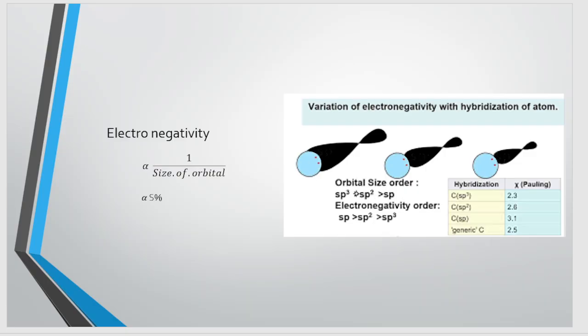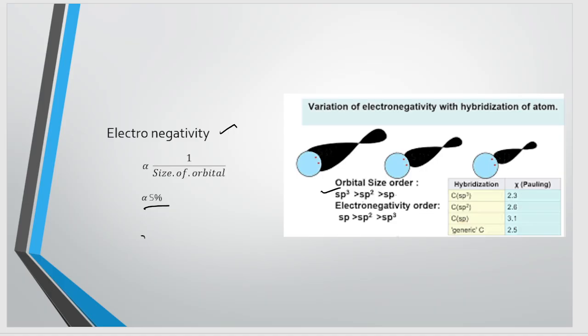Whenever there are three different types of hybrid orbitals like sp3, sp2 and sp, we can easily predict the orbital size: sp3 is greater than sp2, which is greater than sp. But if we consider electronegativity, it is directly proportional to the s character.